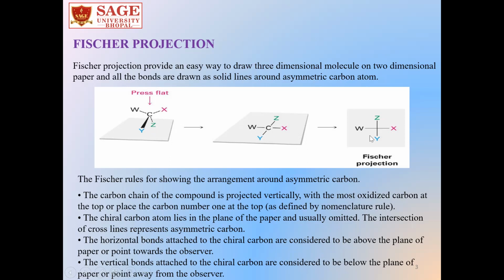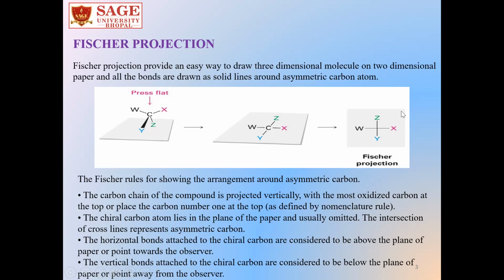Even though we are writing them in the plane of paper, these two are actually above the plane of paper. Vertical bonds attached to the chiral carbon are considered to be below the plane of paper or pointing away from the observer.